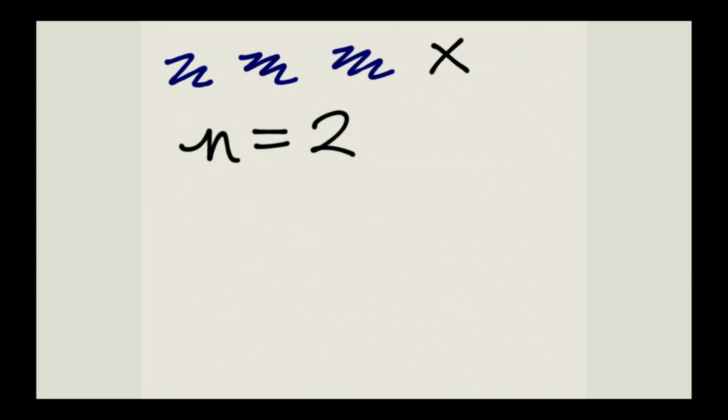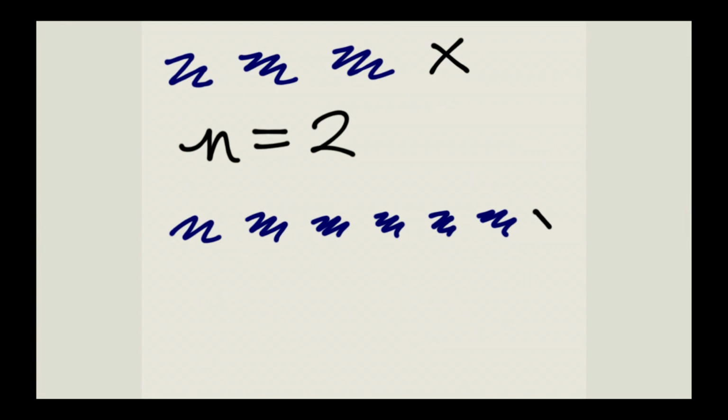So then how many blue pixels would we have at the end? Well, we would have 6: 1, 2, 3, 4, 5, 6. All right, so 6 isn't a multiple of 4. What's the nearest multiple of 4? Well, that's going to be 8. So we're actually going to have 2 characters of padding there.